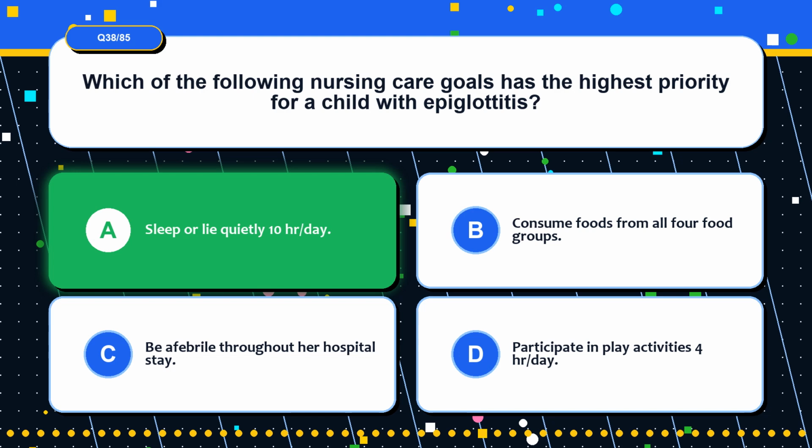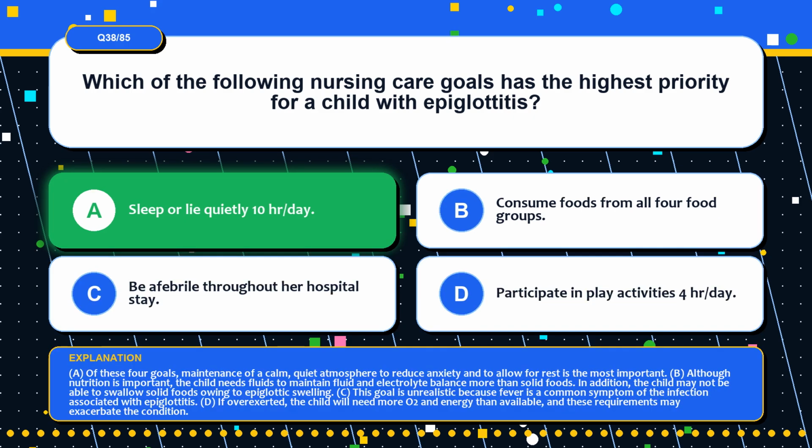The correct answer is option A. Sleep or lie quietly 10 hr/day. Of these 4 goals, maintenance of a calm, quiet atmosphere to reduce anxiety and to allow for rest is the most important. B. Although nutrition is important, the child needs fluids to maintain fluid and electrolyte balance more than solid foods.